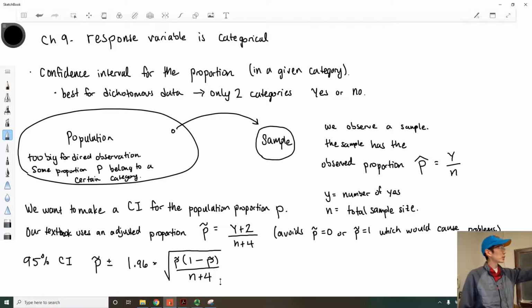And so basically, we're using this 1.96 because at the heart of it, we're approximating what we consider to be a binomial with the normal, okay? Except we're looking at the proportion rather than the count. But don't worry, it's always going to be 1.96 for the 95% confidence interval.